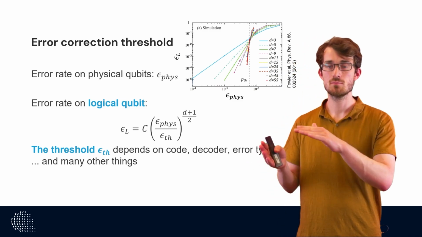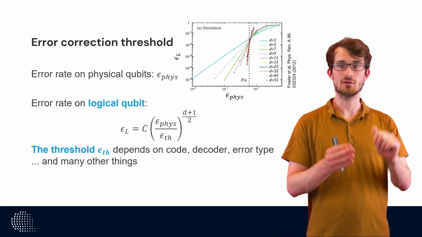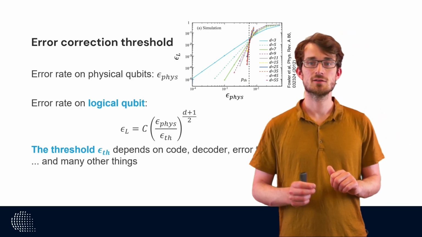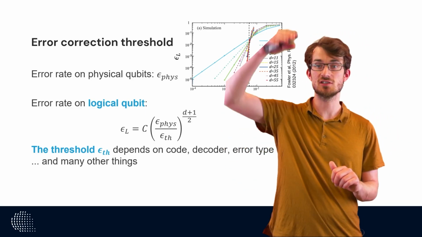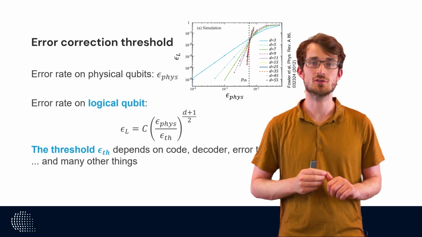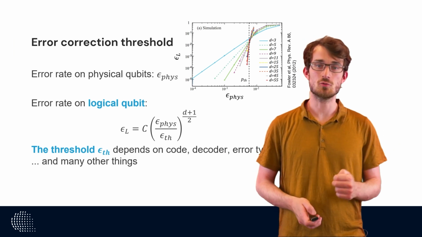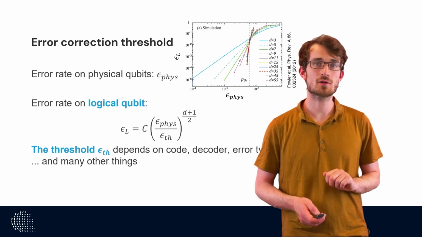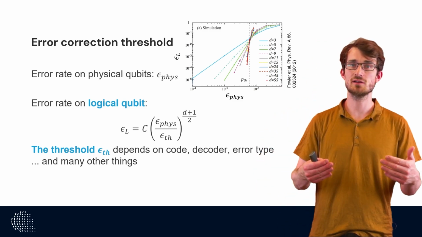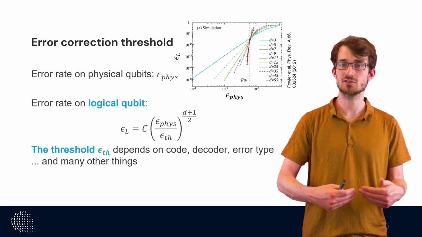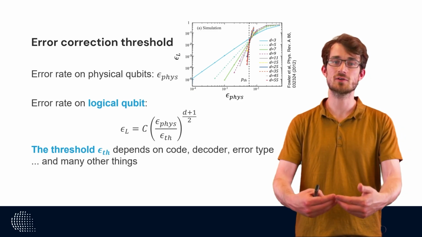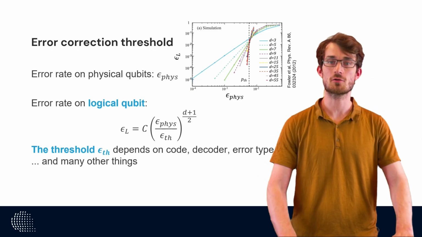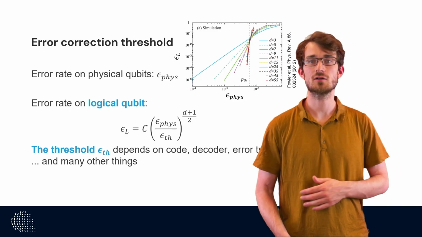If we are at a physical error below the threshold error indicated by the dashed line, then if we increase the distance, you see this exponential suppression of the logical error. And that's what we are looking for. We want to be in this regime far below the threshold error in our operations, which means we really need to build very good hardware such that we are as far below this threshold error as possible. Then we can use quantum error correction to really push the error rate all the way down to the level we want it to be.